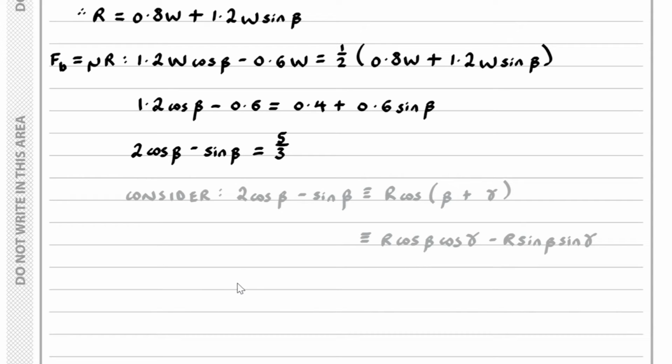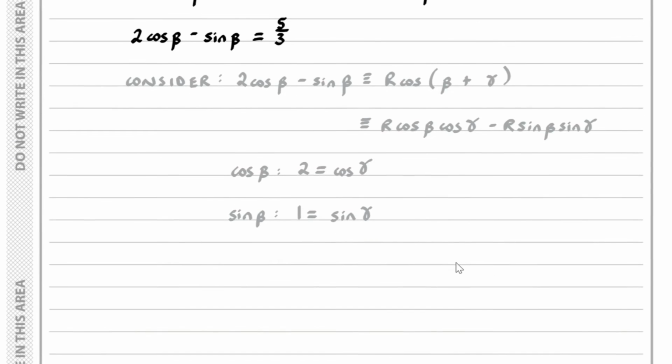So comparing the cos betas, I've got 2 equals R cos gamma, and if I consider the sine betas, then I've got 1 equals R sine gamma, and from this we can conclude that tan gamma is equal to 1/2, from which we can see that gamma is equal to the inverse tangent of 1/2, and we can also conclude R is equal to 1 squared plus 2 squared all square rooted, which is square root 5.